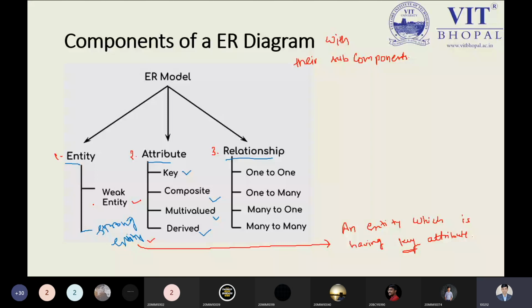An attribute can have its own components: key, composite, multi-valued, and derived. And relationship, of course, one to one, one to many, many to one, and many to many. The ER model also has its own components: entity, attribute, relationship. Okay.